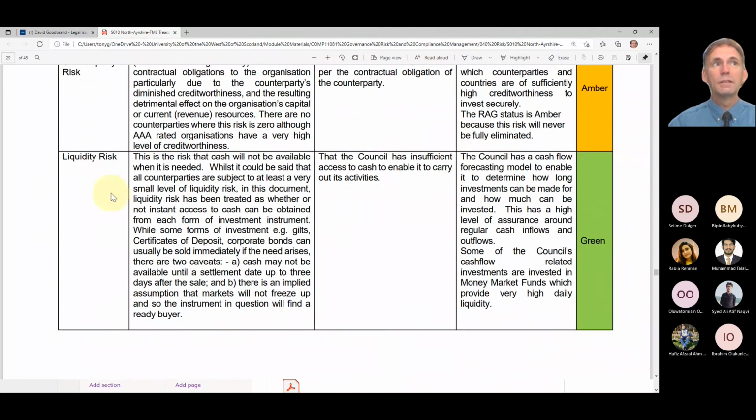The next one, on the other hand, is about liquidity. Do we have enough cash on hand to pay our people, to pay our suppliers? They've put stuff in place to ensure that there's a cash flow forecasting model. They understand well how these things work. So that's green. They're not worried about it.